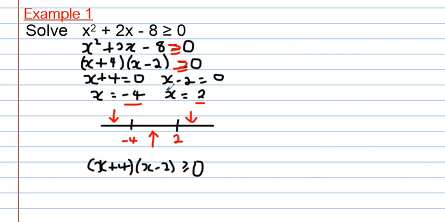So any value here, let's say I choose minus 5. If I put that in this bracket, I'm going to have minus 5 plus 4, which gives me minus 1. In this bracket, using minus 5, minus 5 minus 2 will give me minus 7.